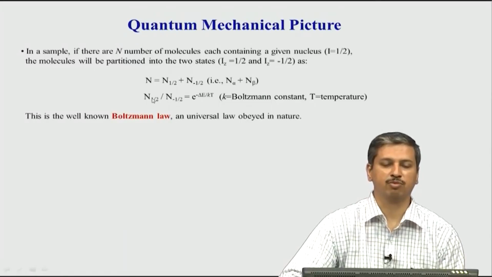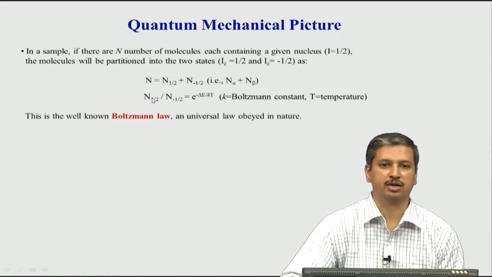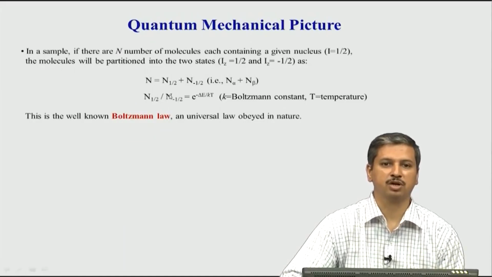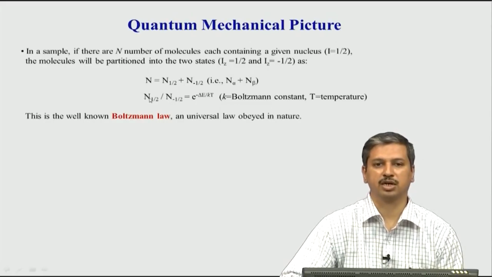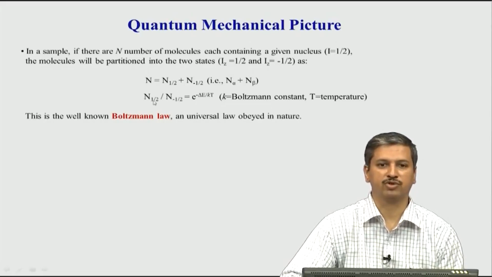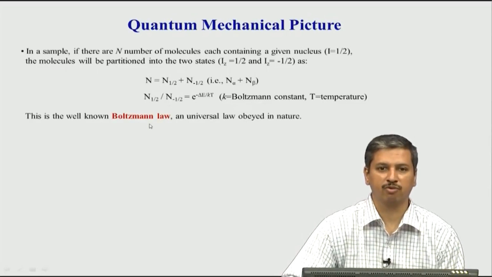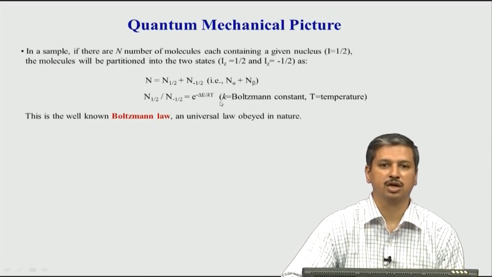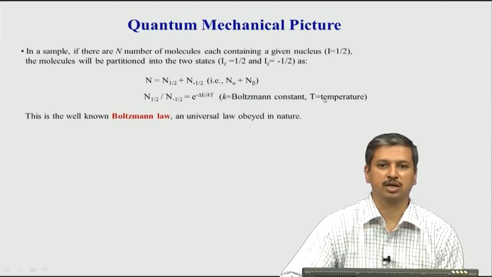That means, in the equilibrium scenario, standard conditions, you will always have more molecules sitting in the ground state than in the excited state, and this ratio of the population is given by the formula n beta by n alpha equals e raised to minus delta E over kT. This is a very famous Boltzmann law, universally obeyed in nature. Here k is the Boltzmann constant and T is the temperature.